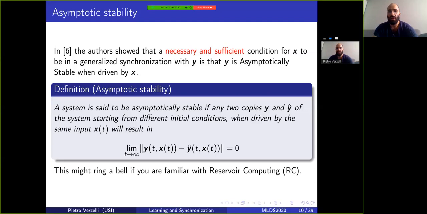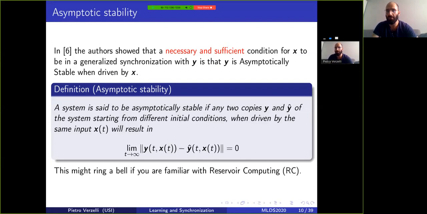So what is asymptotic stability? A system is said to be asymptotically stable if, when driven by an input, you take two copies of the system and let them be driven by the same input, they will converge, meaning that they will coincide after a certain point or tend to coincide. And this is again a necessary and sufficient condition for generalized synchronization.